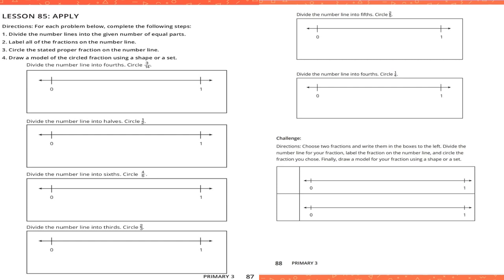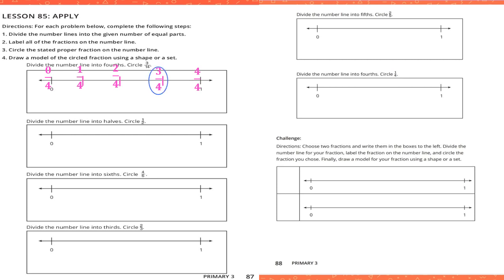So, the first step, you should split this number line into 4 equal parts by making how many dashes? Yes, 3 dashes. Step number 2, label each dash by its fraction. Finally, circle 3 over 4.